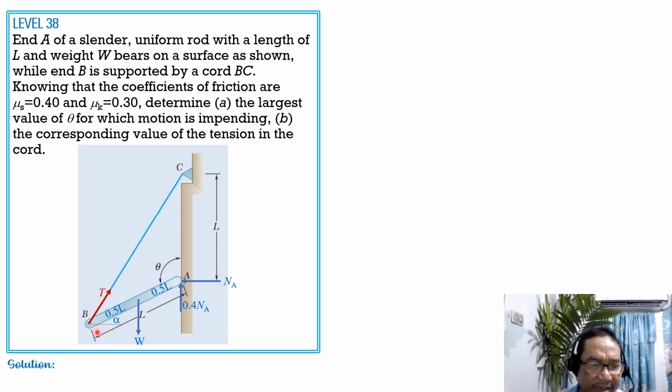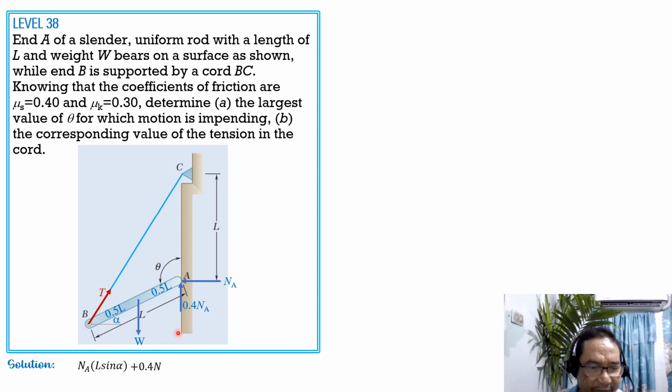So first, let's sum up moment about B equals 0, counterclockwise positive. So we have NA times L sine of alpha. Take note that the moment arm of NA, this vertical distance from B, is L sine of alpha. 0.4 of NA is also counterclockwise, and the moment arm is L cosine of alpha.